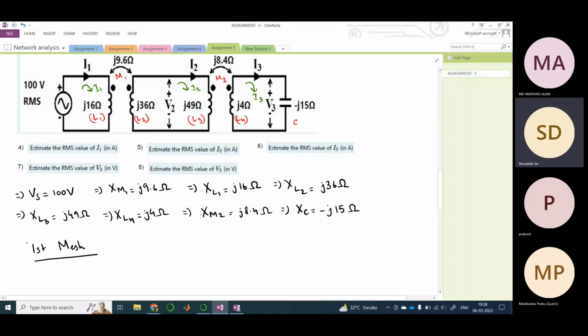It would be Vs equals XL1 into I1, and here as you can see, I1 is entering the dot terminal, the plus terminal of L1, but I2 is entering the negative terminal. It is not entering, it is exiting through the dot terminal. So therefore this would be minus XM1 I2, right?